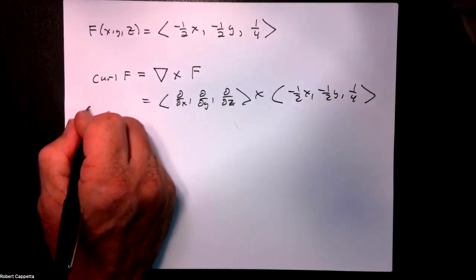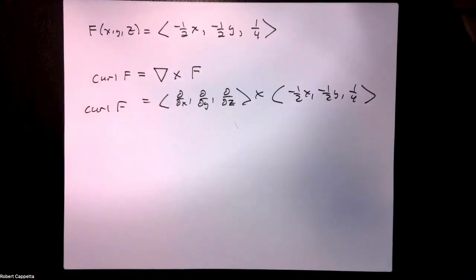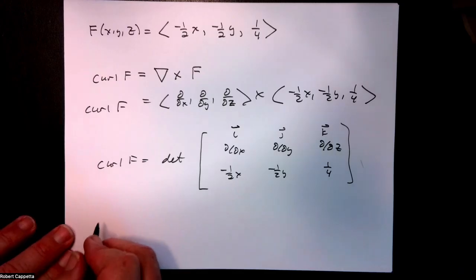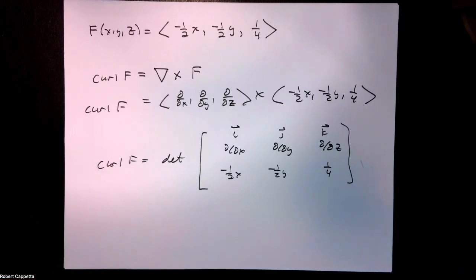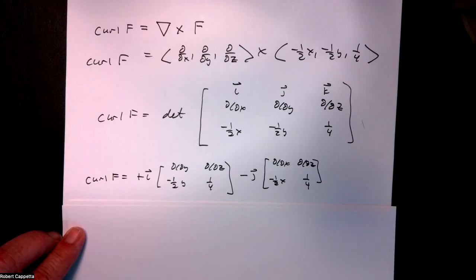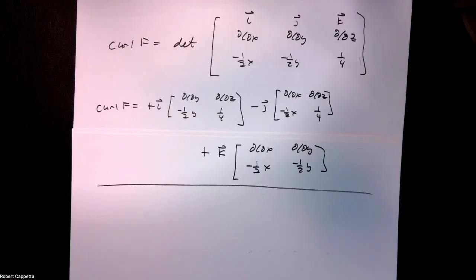So let's look at that curl of F and see what it gives us. So there's our matrix. So what do we get in the i direction? We get partial of y, partial of z, negative 1/2 y, 1/4. In the j direction and in the k direction.